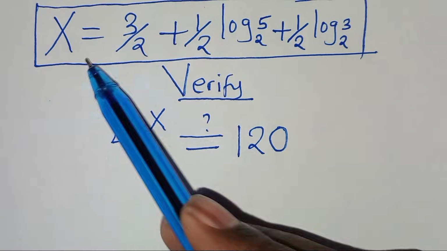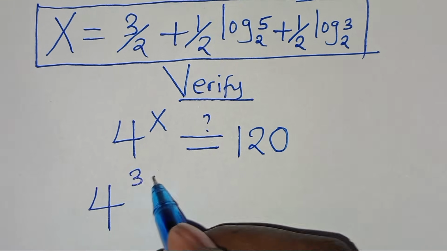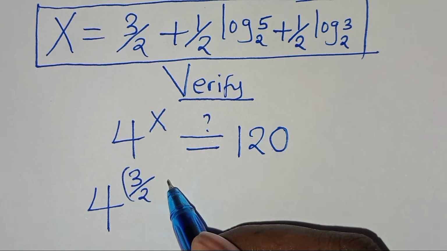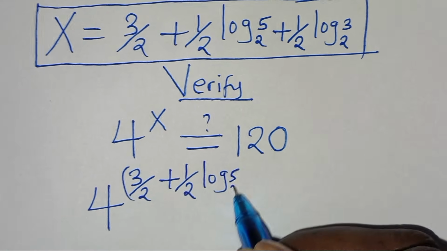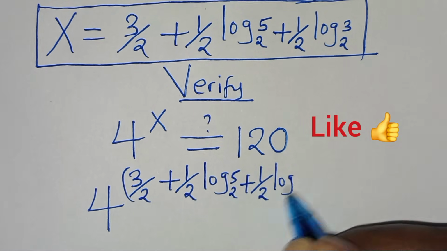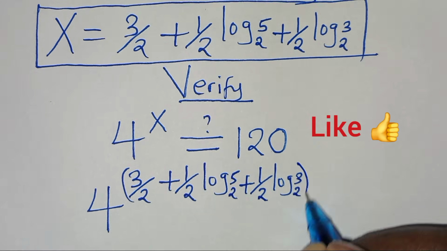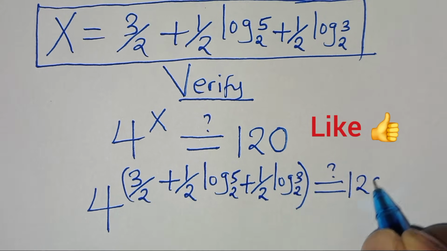So let's substitute x here, which means we have 4 to the power of 3 over 2 plus a half log 5 to base 2, then plus a half log 3 to base 2, close the parentheses. This should give us a value of 120.